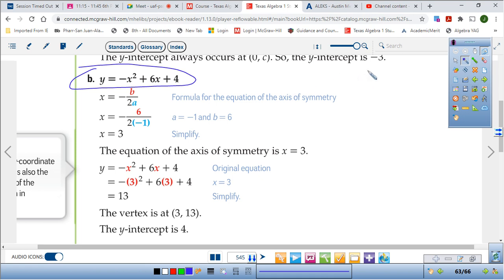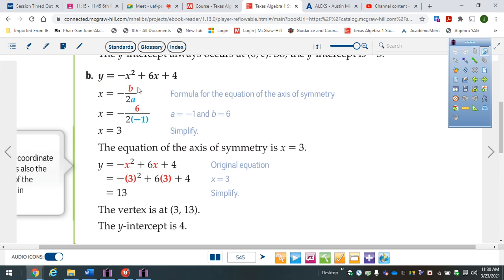This one is opening up and this one's opening down. How do you know, Tristan? You're right. I won't lie to you. You're right. But how do you know? What gives it away? The negative x squared, right? Perfect. Okay, so let's graph that one on the calculator, guys.